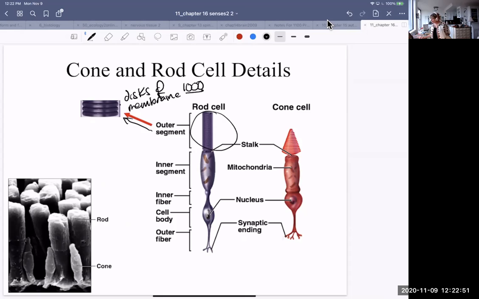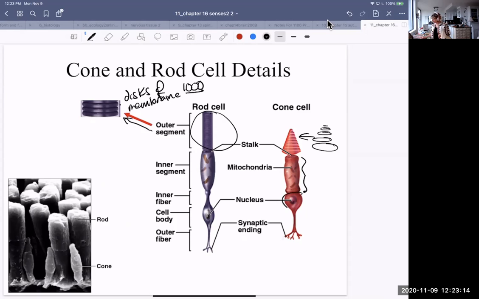And the cone cell has the same thing. These are also stacks of membrane discs. The inner segment is the part that holds mitochondria and other requirements of any cell. It's quite a lot of mitochondria.